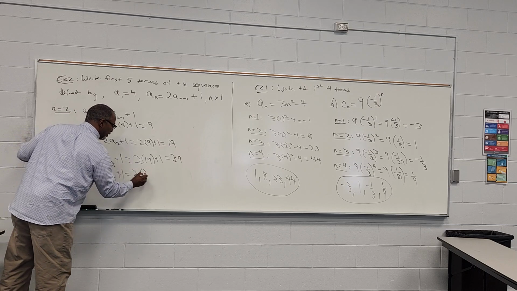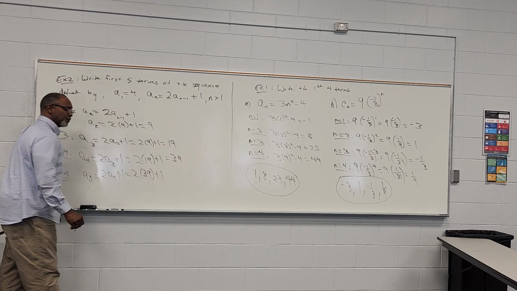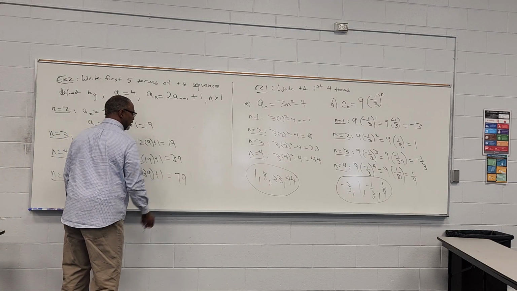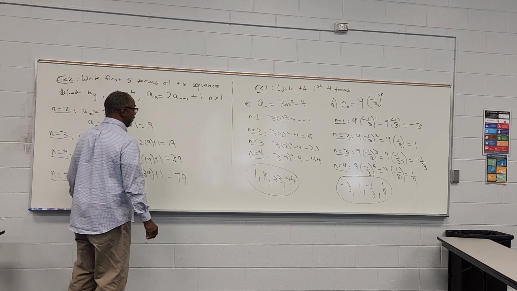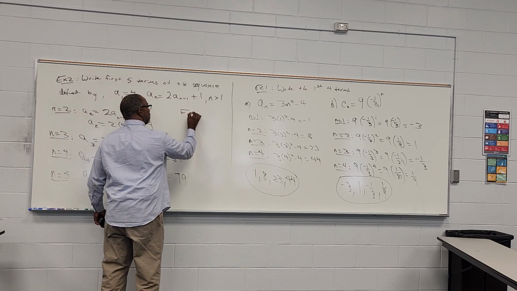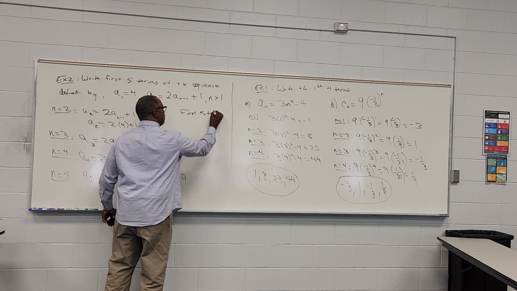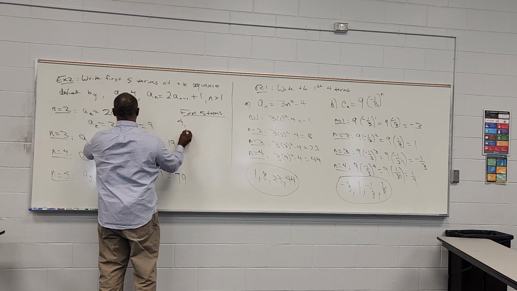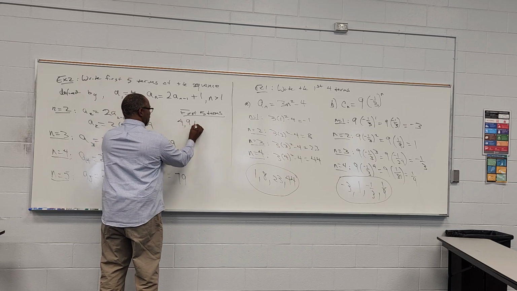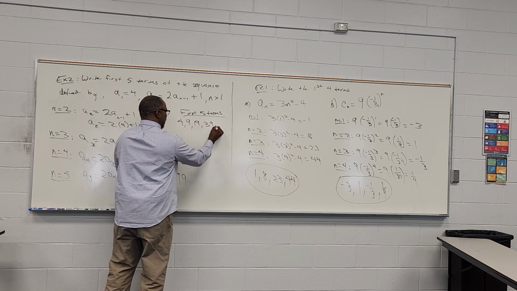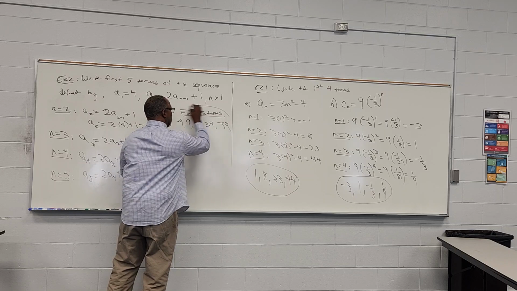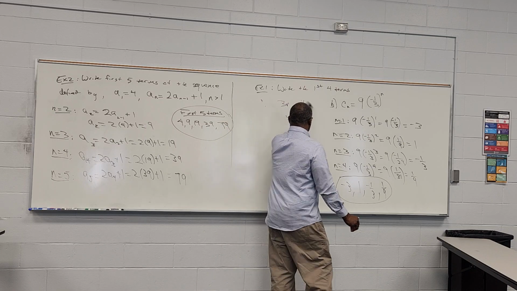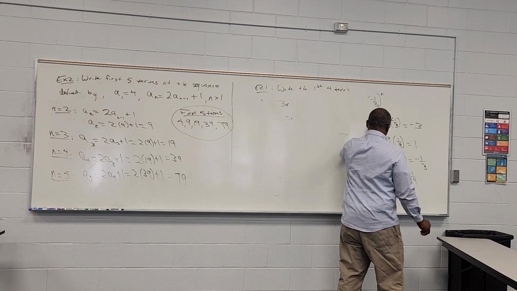A sub 4 we just found out is 39. 78 plus 1, that's 79. Okay? So the first 5 terms: A1 was 4, A2 was 9, A3 was 19, A4 was 39, and A5 was 79. That would be the first 5 terms of that sequence.